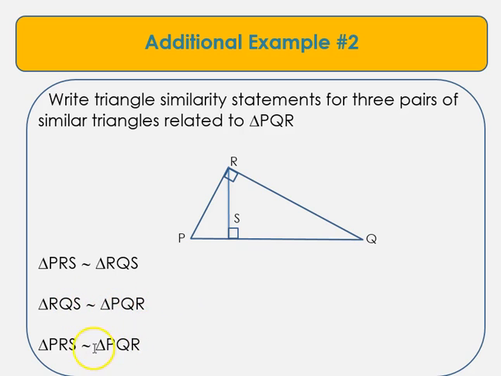And last, we will go with our smaller triangle to the larger triangle. So PRS is similar to PQR. So PR remember is the hypotenuse, and then we did long leg, and in the large triangle PQ is the hypotenuse, and the long leg is QR.